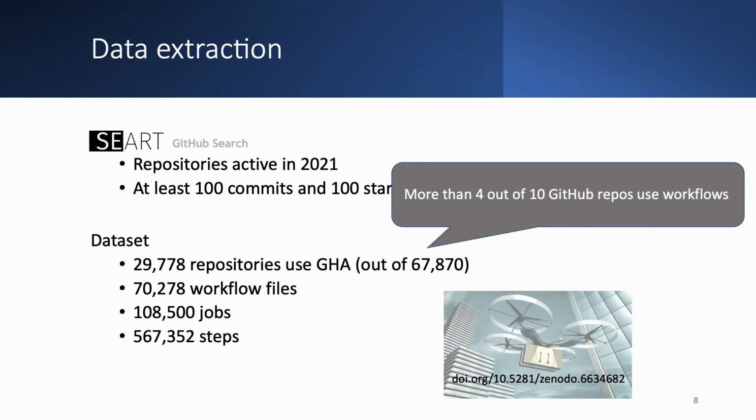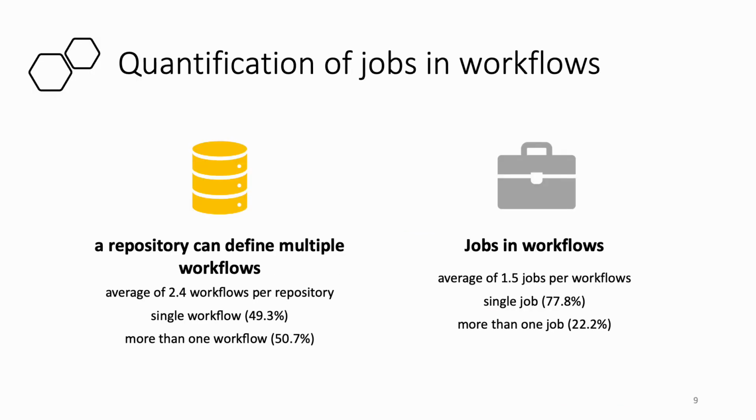At first glance, we see that more than 40% of the GitHub repositories that we gathered are already using GitHub Actions and workflows. Going deeper into the numbers, on average there are 2.4 workflows per repository, and almost half of the repositories have only one workflow, while the other half have more than one.